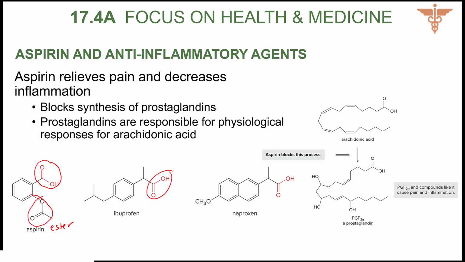Ibuprofen has the carboxylic acid. And then naproxen also has this carboxylic acid. So those block arachidonic acid from forming prostaglandin PGF2 alpha. PGF2 alpha and similar compounds cause pain and inflammation. So if we can block that process, then we won't feel the pain.